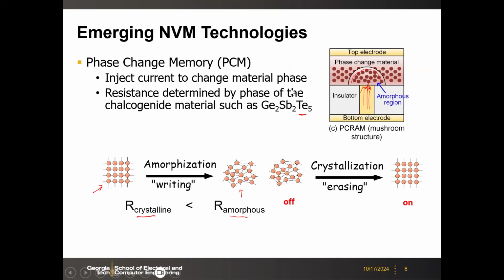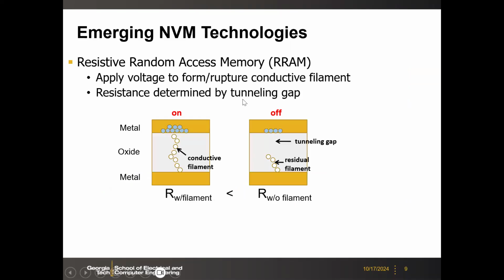Okay. And then RRAM, resistive random access memory. So this one depends on the conductive filament between two electrodes. So you have two metal electrodes, and then here you have some insulator, typically oxide. Okay.